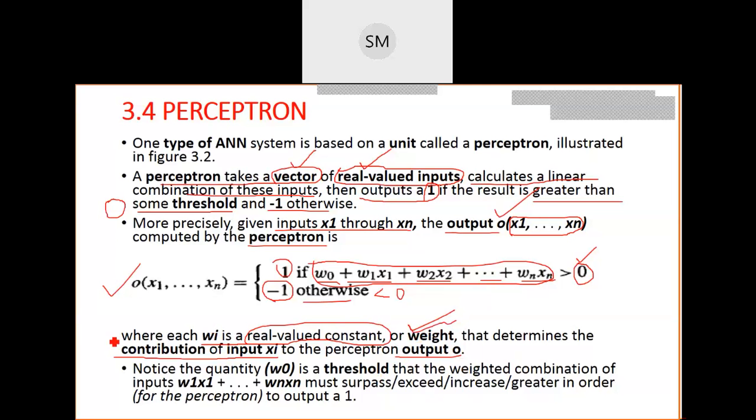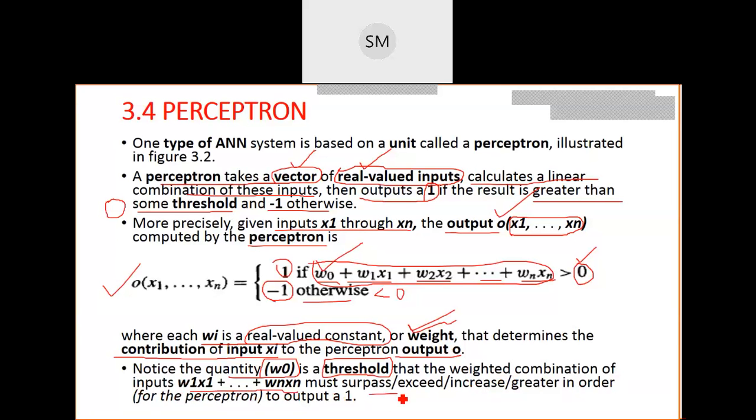This is just a general concept, so remember it in your mind. Note that w0 is also called a threshold. W0 is a threshold that the weighted combination of the inputs, w1x1 up to wnxn, must surpass.